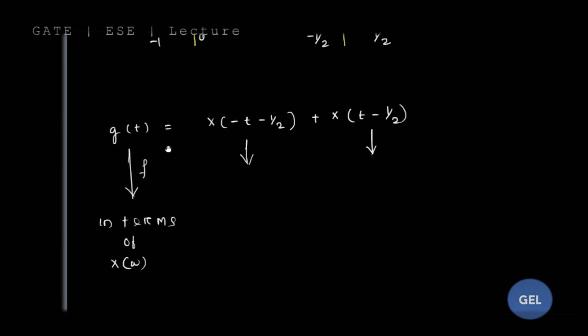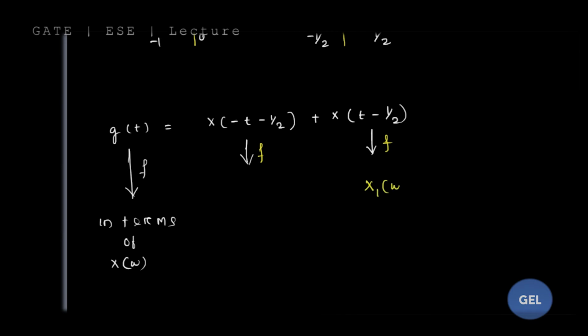Look, we need to find out the g of t in terms of x of omega. For that you need to find out the Fourier transform of this expression, and also the Fourier transform of this function.